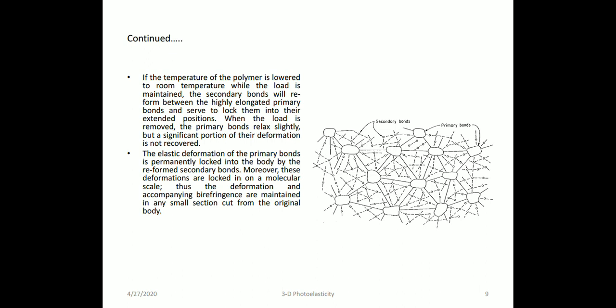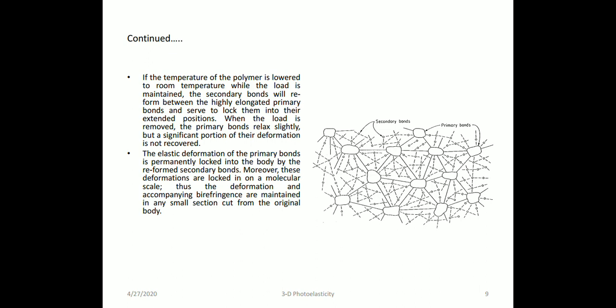Then when the load is removed, the primary bonds relax slightly, but significantly a large portion of their deformation is not actually recovered. Then the elastic deformation of the primary bonds is permanently locked into the body by the reformed secondary bonds, right? These deformations will be locked during that condition.